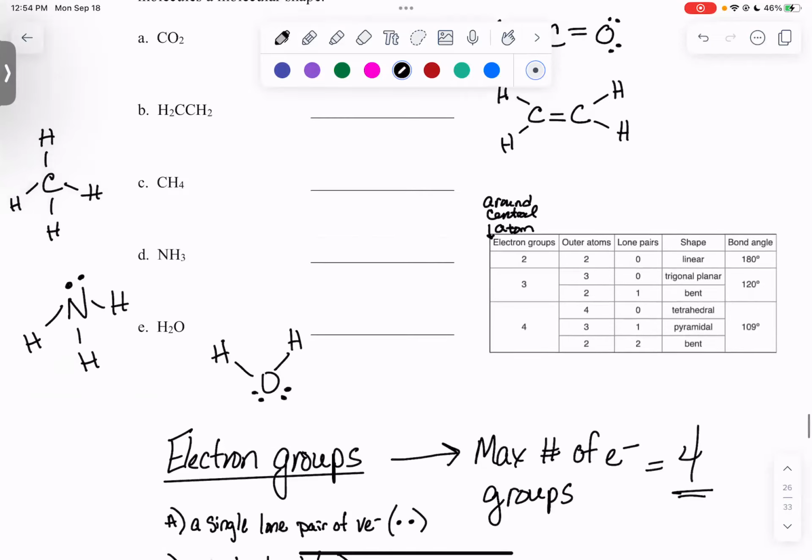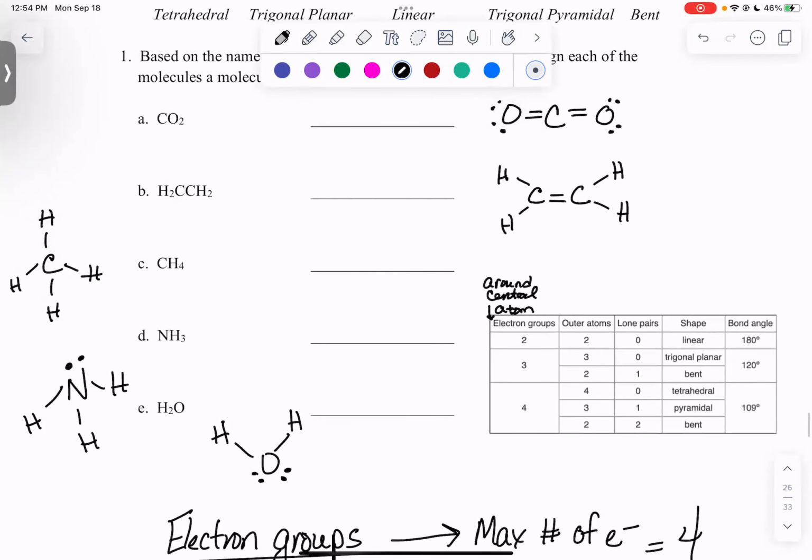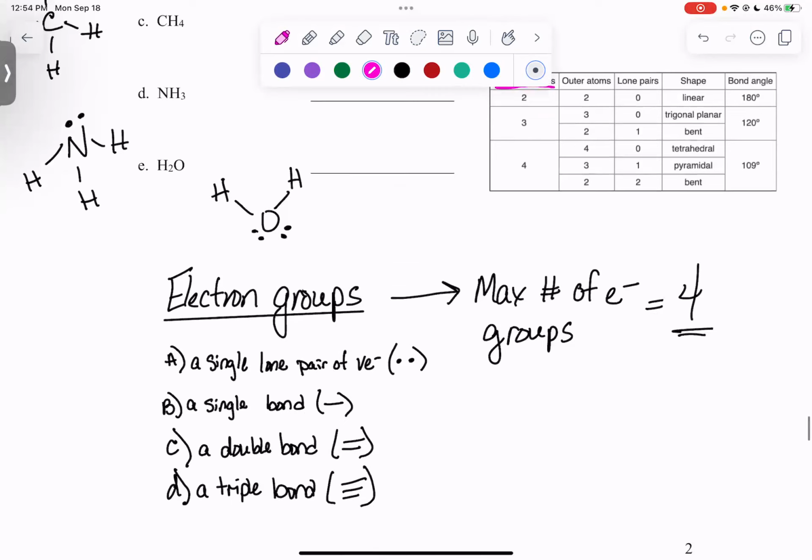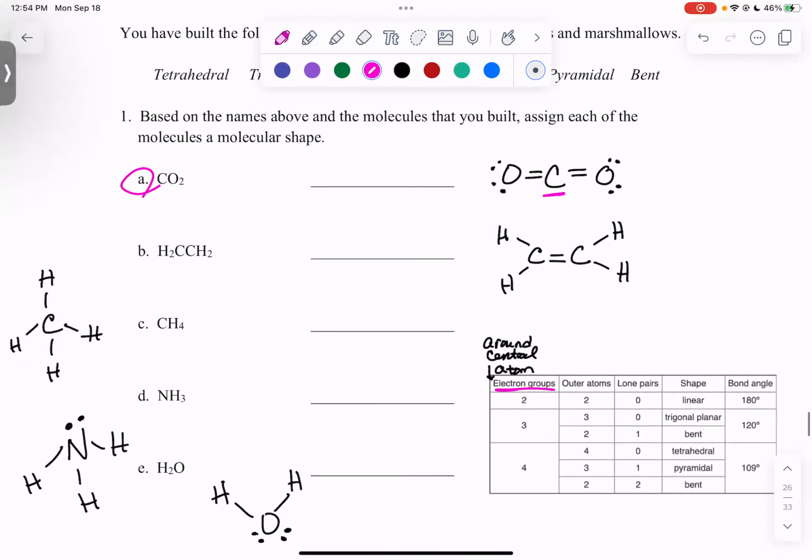Then you have to know the outer atoms. Let's start with CO2. How many electron groups are around the central atom? Here's my central atom. What do we have from this list around the central atom? Well, this is a double bond and this is a double bond, so I have 2 electron groups.